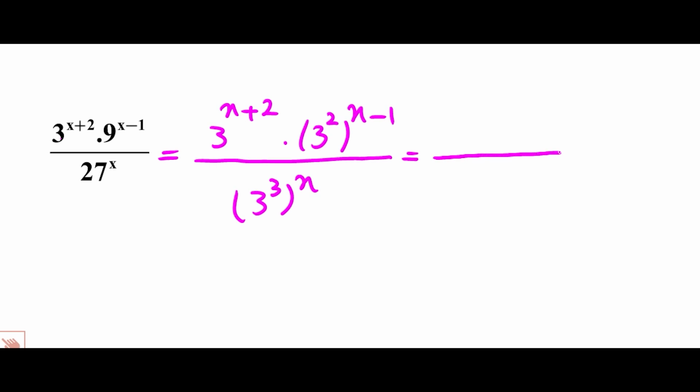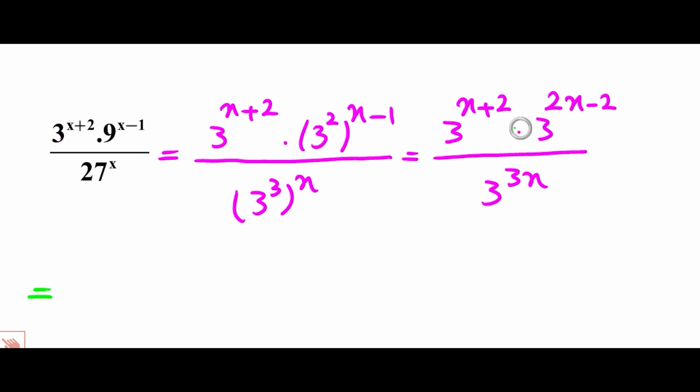Now simplify the exponents. We have 3^(x+2) times 3^(2x-2) over 3^(3x).